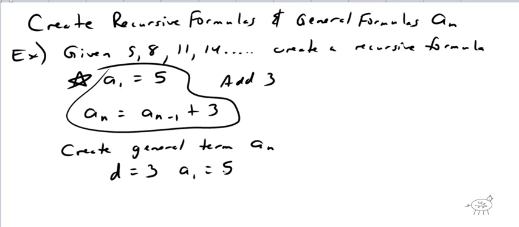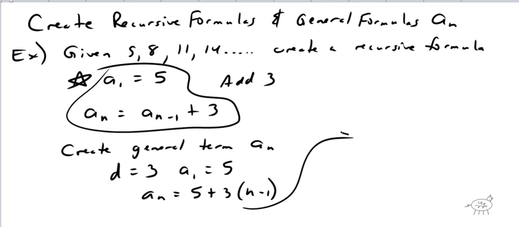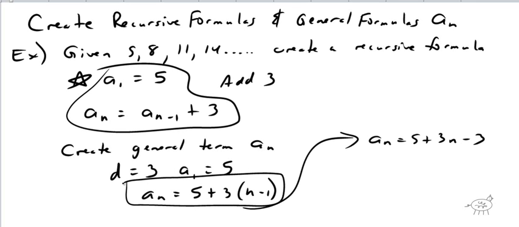And so basically what I just need to do is plug this in. It's a sub n equals a sub 1 plus d times n minus 1. Because you create a general term, which means you got an n in your equation. So I get a sub n equals 5 plus 3n minus 3. And by the way, if you don't multiply it out, if you leave it like this, you put this as your final answer, you're going to lose 1 point.